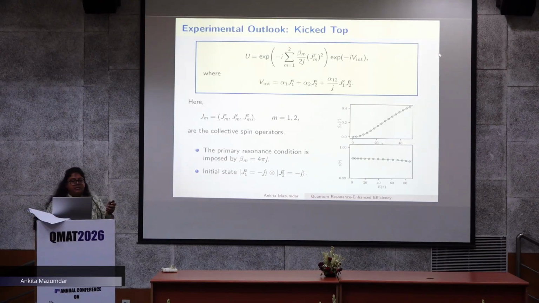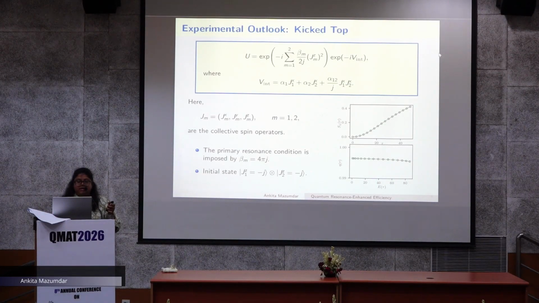Next, the experimental outlook. Here we have considered interacting kicked tops, where we have also taken the kicked tops to the resonance case, and for the initial state we have considered the lowest energy state, that is the ground state.